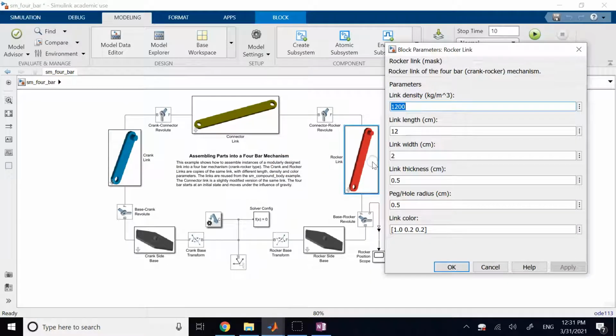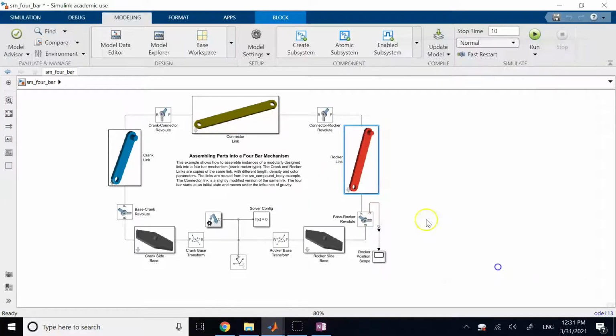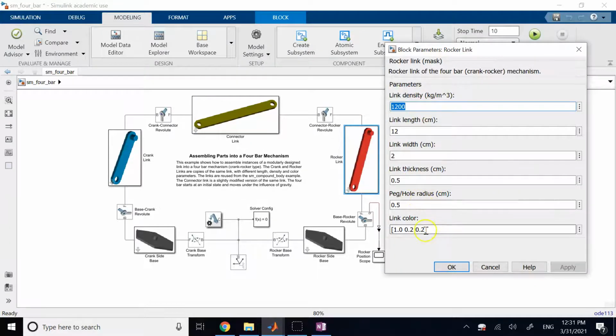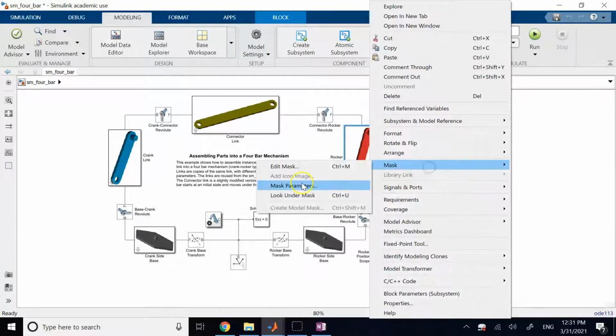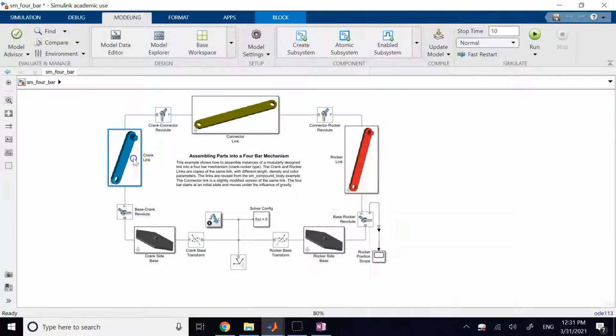But if you double click on them, it allows you to change their size, the density of the material, the color and everything, right? The diameter of the hole and everything. So this mask is like a shortcut to everything inside this and changing its parameters without seeing what's really behind the scene.